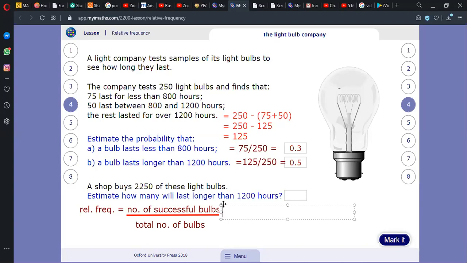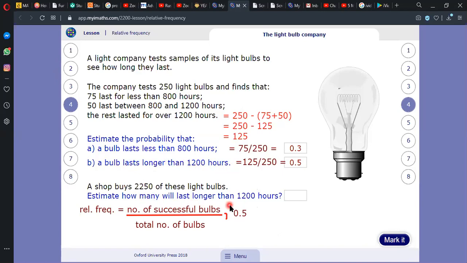So I can work with this by saying that the 0.5 is the relative frequency we calculated. It's a continuation, guys, don't forget. So let me put a comma here so that I know that it continues from here. 0.5 is actually the relative frequency for bulbs lasting longer than 1,200.